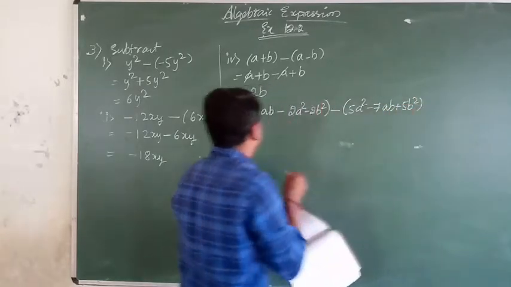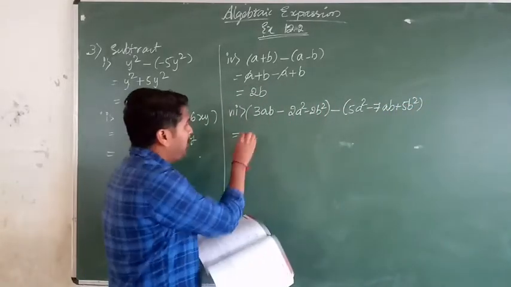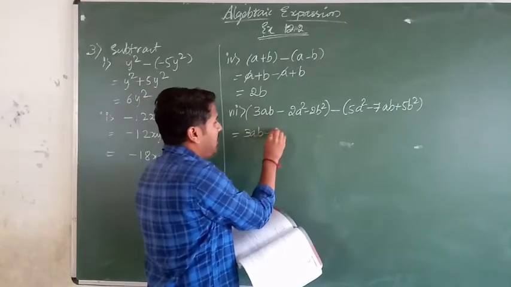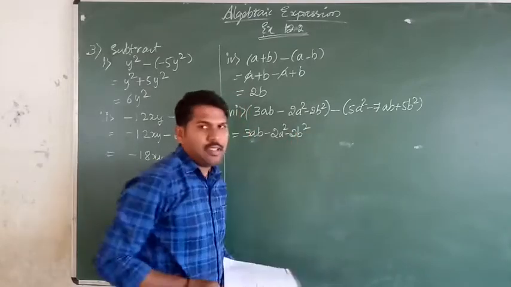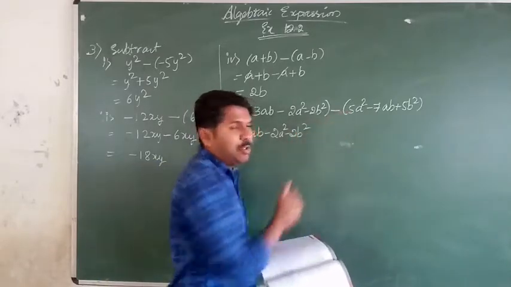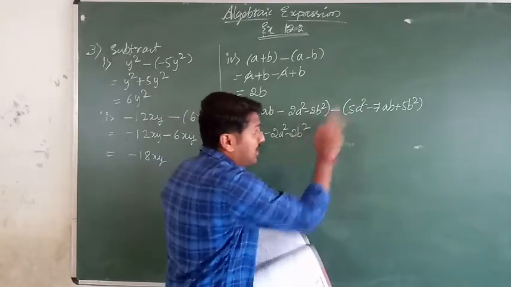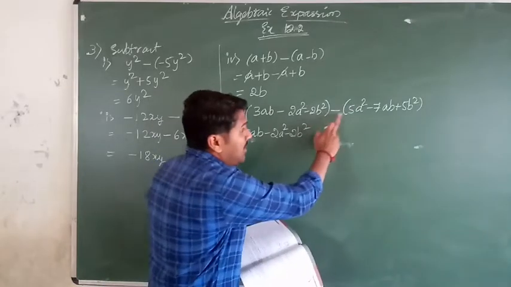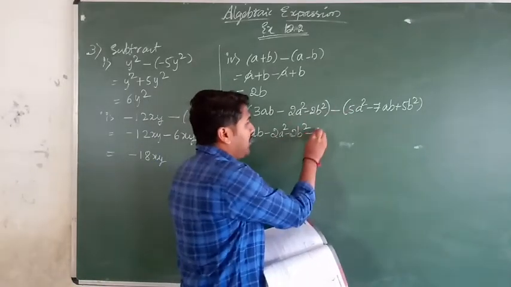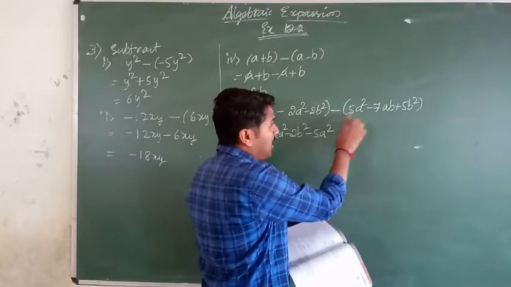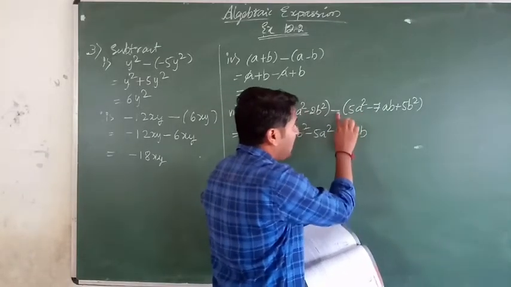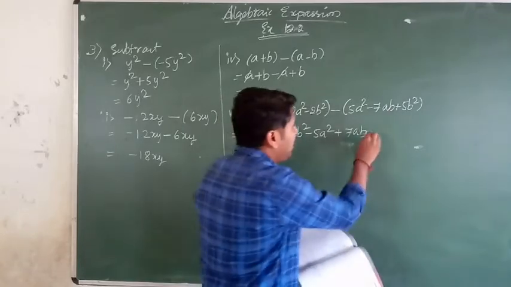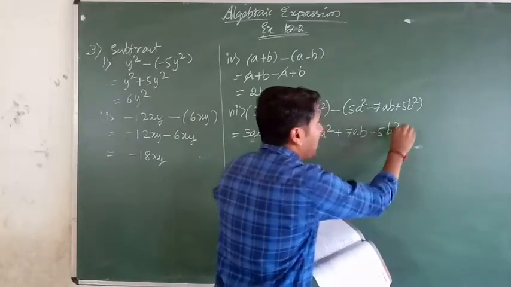Here a plus sign is there, minus into plus is minus 5a square, minus into minus is plus 7ab, minus into plus is minus 5b square. You should multiply the minus sign to the whole term.